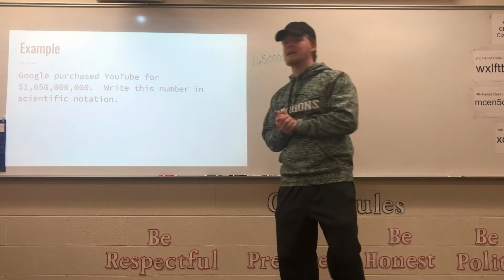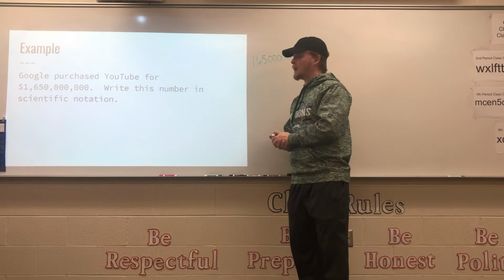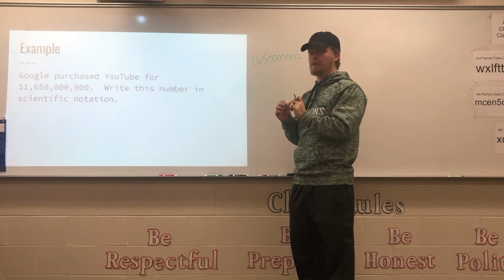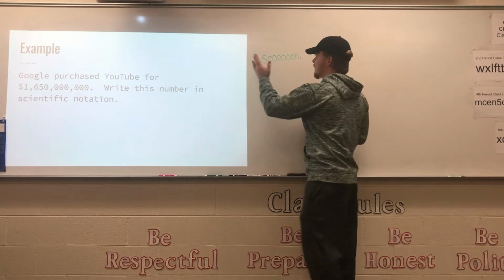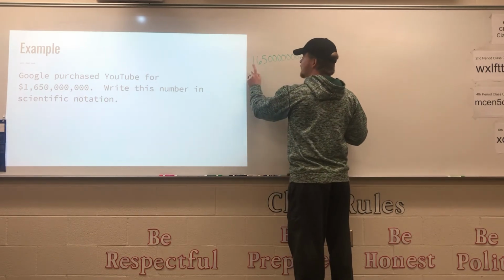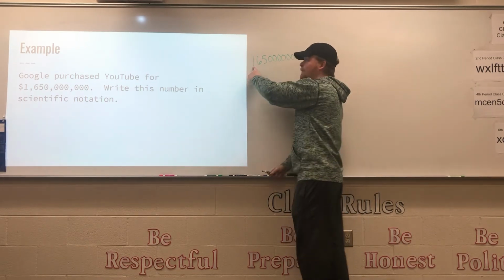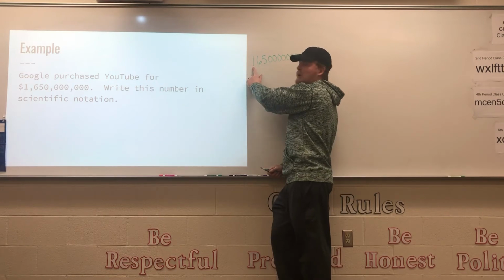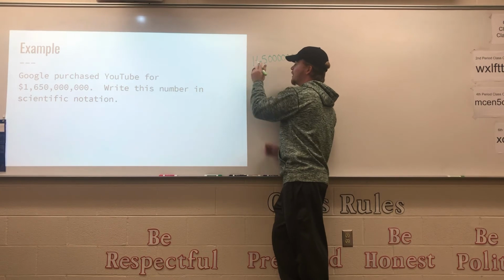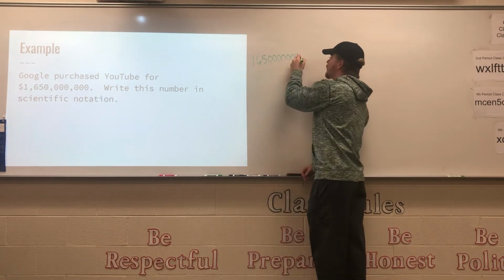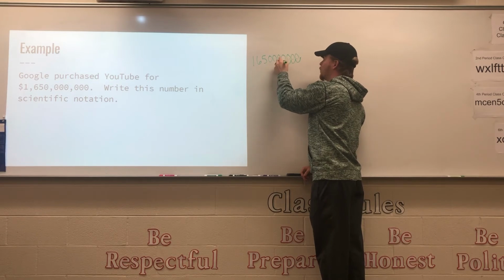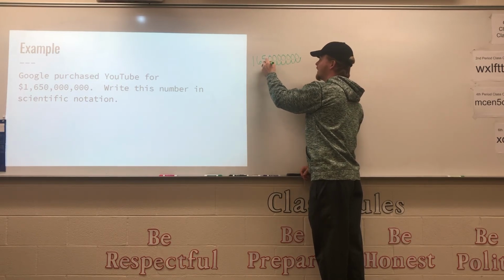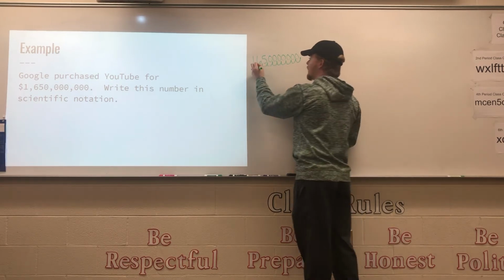You have to move that decimal point to the right of the leading non-zero digit. So I look at the front. The leading non-zero digit is 1. That's the front number that's not 0. So I need to move my decimal point to the right of it, which will be here. So I'm going to take this all the way over there. So I go 1, 2, 3, 4, 5, 6, 7, 8, 9 spots.